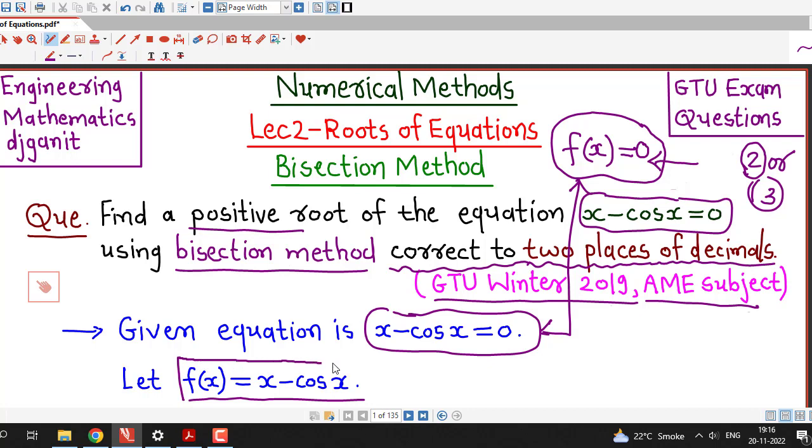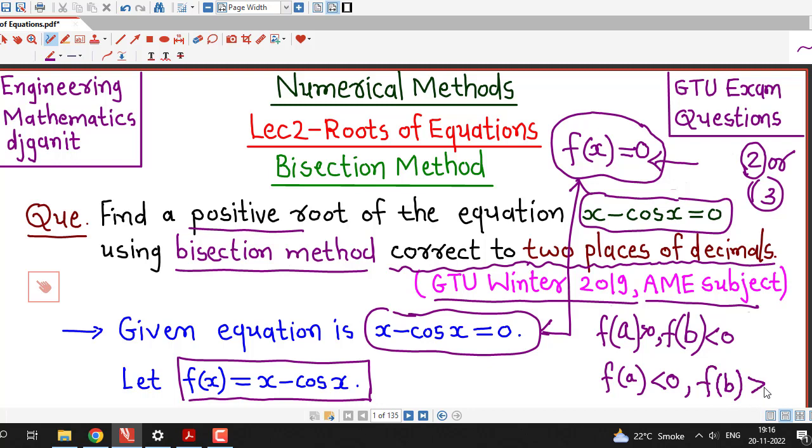It says that if your function is continuous and you can find two real numbers a and b such that the values of the function at those points are of opposite sign, that is, f(a) is positive and f(b) is negative, or f(a) is negative and f(b) is positive.